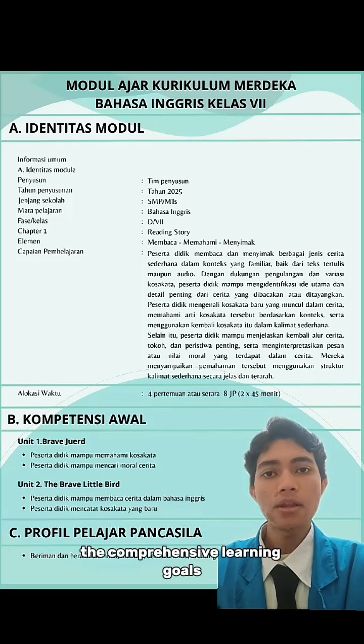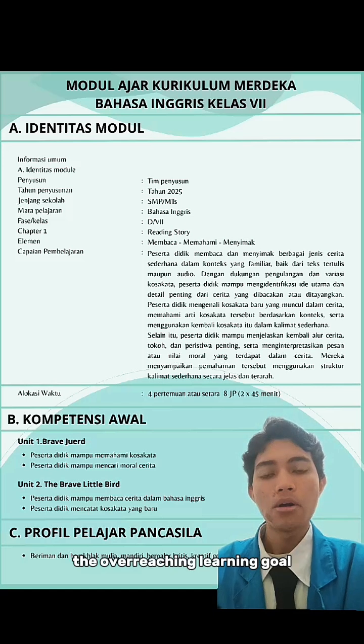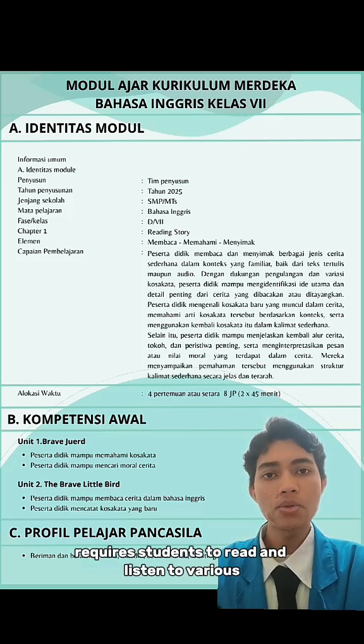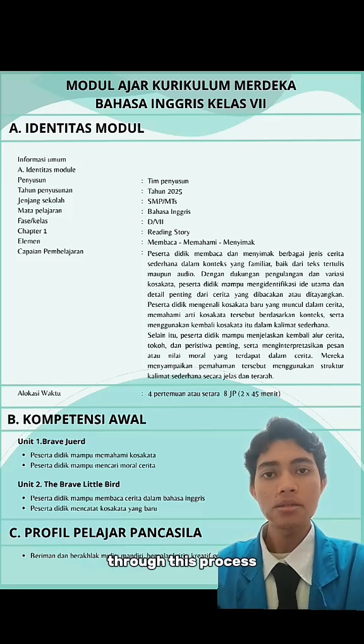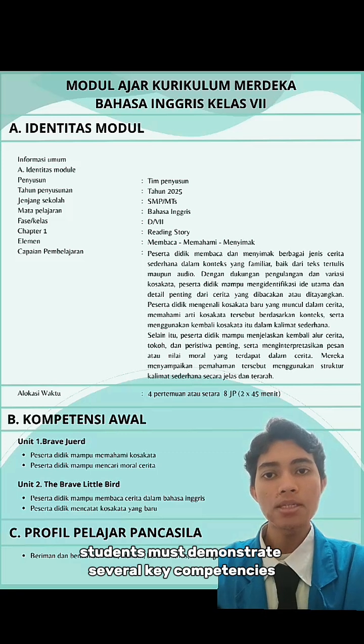The comprehensive learning goals. The overarching learning goal requires students to read and listen to various simple stories within familiar context, both from written text and audio. Through this process, students must demonstrate several key competencies.